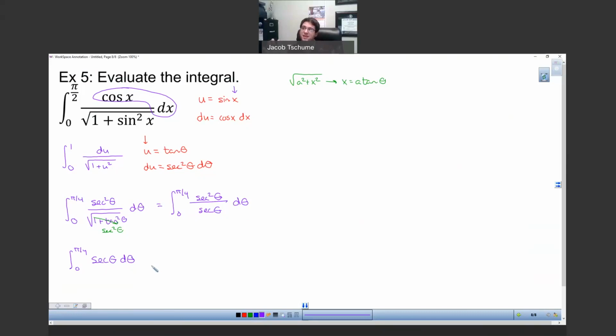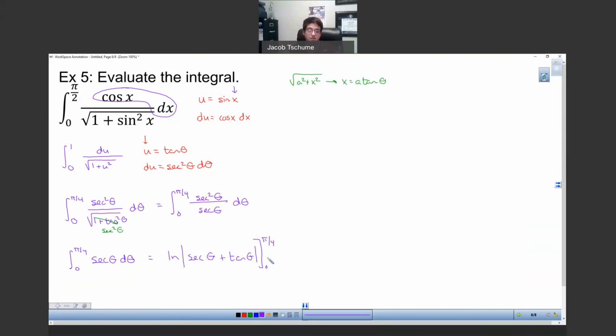So we know that the integral of secant theta is going to equal the natural log of secant theta plus tangent theta, and we are going to evaluate this from 0 to pi over 4.